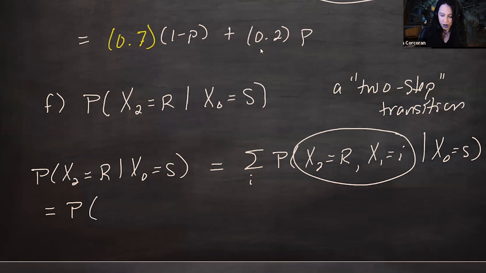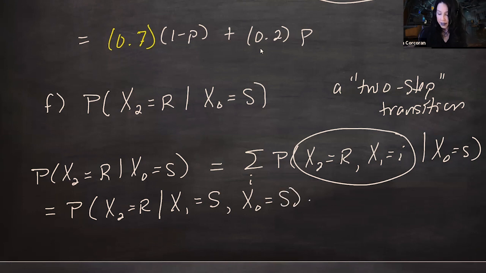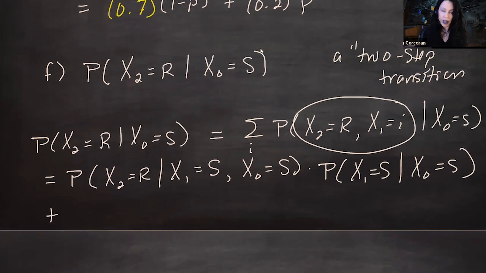So this is going to be the probability that X2 equals R, given X1 is sunny and we stay in the universe where X0 is sunny, and then we multiply by the probability that X1 is sunny, staying in the universe where X0 is sunny. And then we get the same line again, but with X1 being rainy.